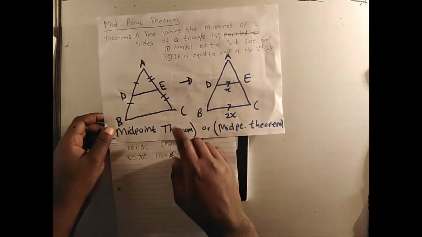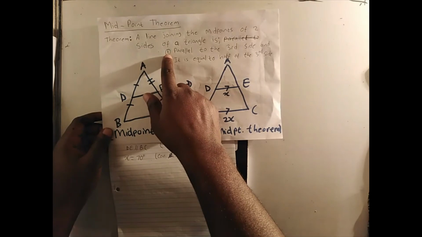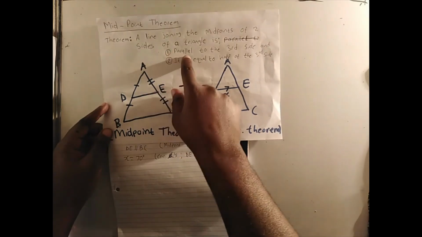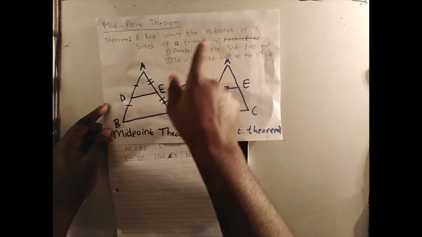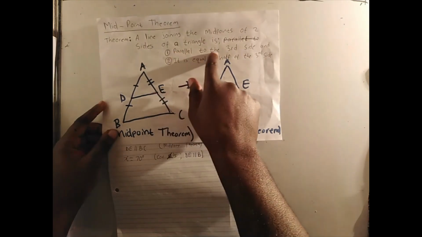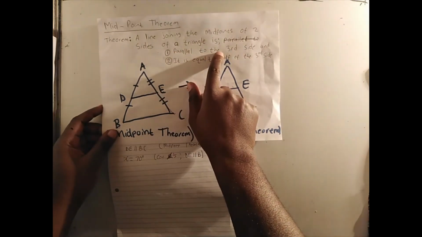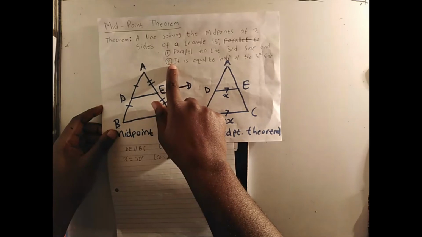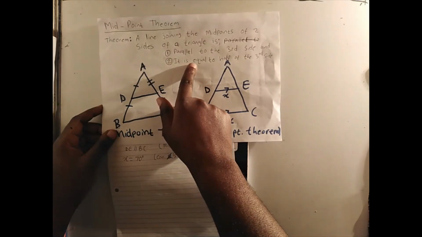And another thing I want to say: there are two things that are implied by the midpoint theorem. Number one, the line joining the midpoints of two sides of a triangle is parallel to the third side. That is one implication. The second implication is that it is equal to half of the third side.